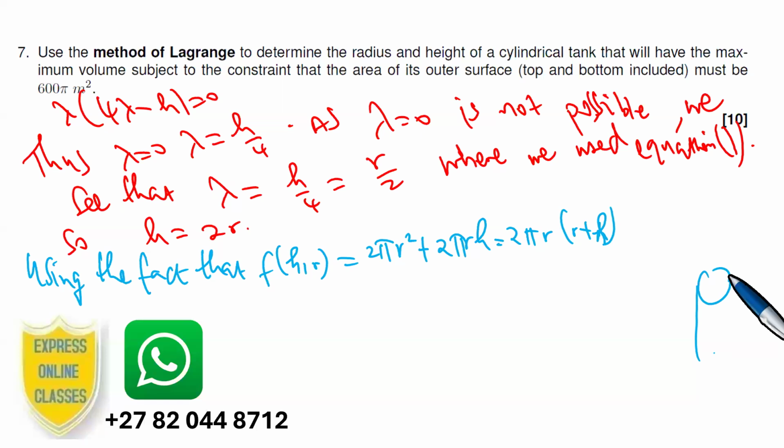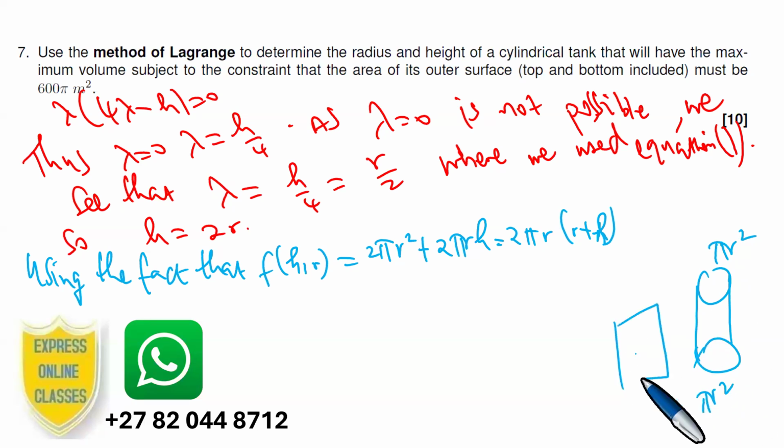Because we're dealing with a tank that is cylindrical. The top is a circle. The area of a circle is pi r squared. And if you open it, it's going to be like a rectangle. But this has height, and the circumference is 2 pi r. We know that the area of a rectangle is length by breadth.